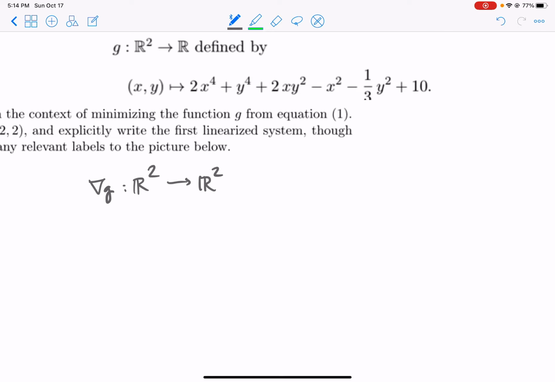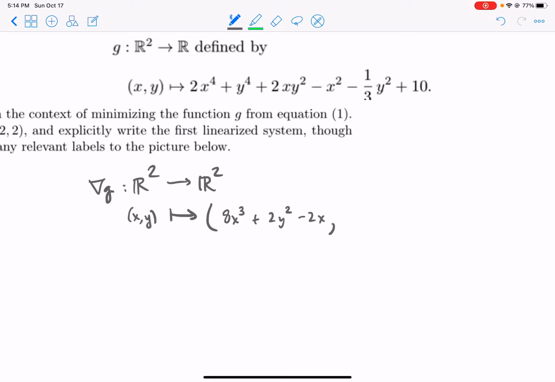Okay, so the gradient sends x, y to, let's see, I need to take partial x of all this stuff, and that's the first component of the output, and then partial y of all this stuff, and that'll be the second component. Okay, so I can do that. First partial x, I get 8x to the third plus 2y squared minus 2x.